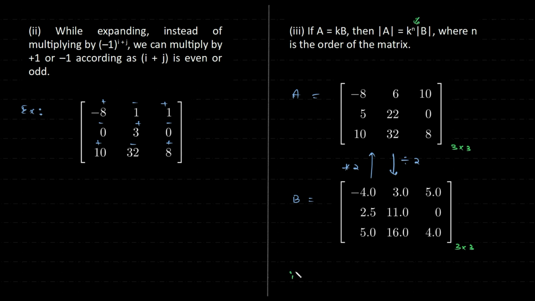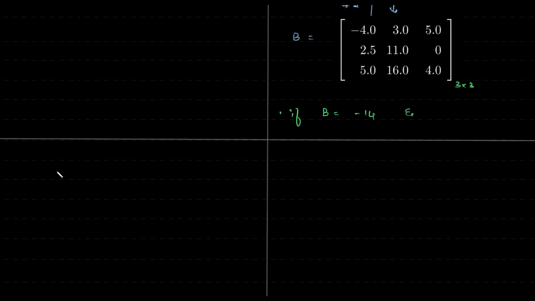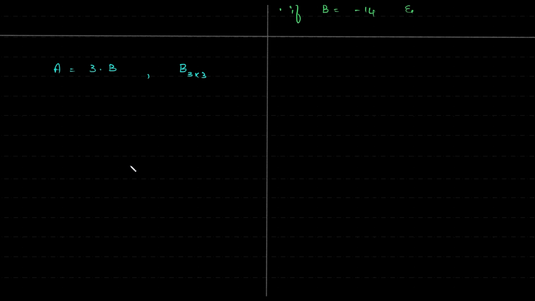Okay, so if the determinant of B happens to be, say, minus 14, and if A happens to be 3 times B, and we have B to be of order 3 by 3, so obviously A will also be of order 3 by 3.